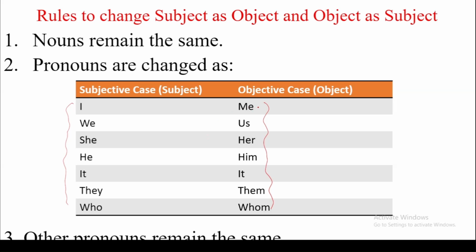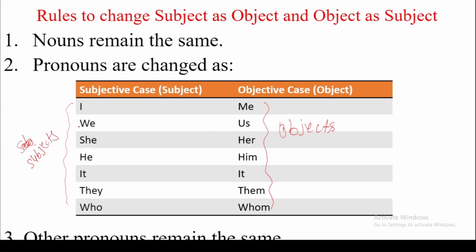If me is object, these are objects. So if we have to change this object as subject, we have to use this table.